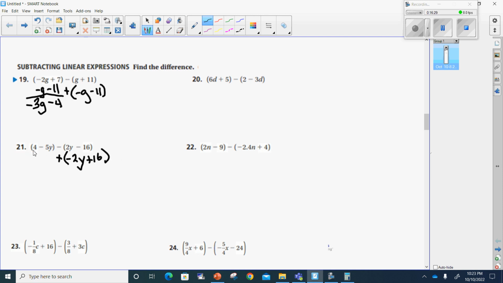I've got a positive 16, so I'll bring it under the 4, because those are like terms. They're both numbers. Then I have negative 2y, so I'll put that under the negative 5y. All right, negative 5y and negative 2y make negative 7y. Remember, when my signs are the same, I find the sum. I add them together, and then I keep the same sign. And 4 plus 16, well, that's 20.